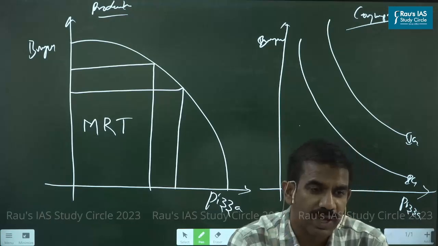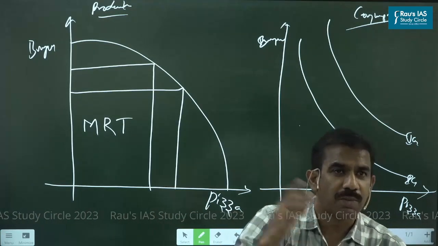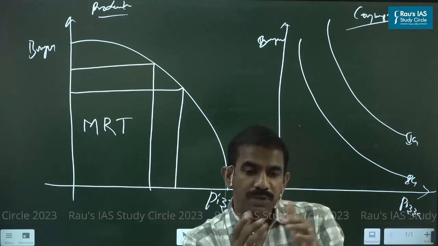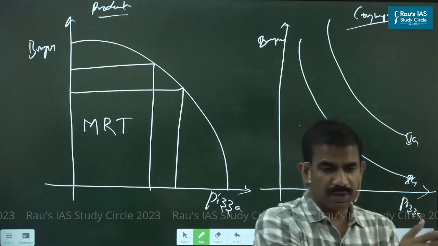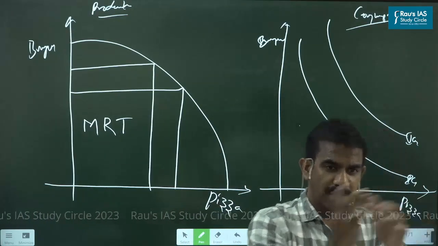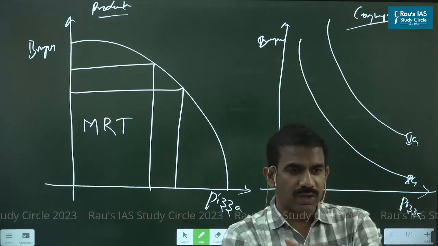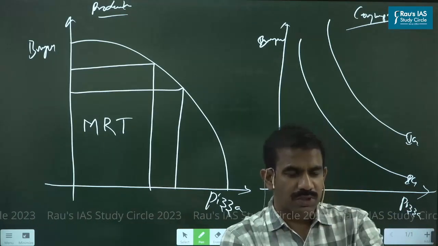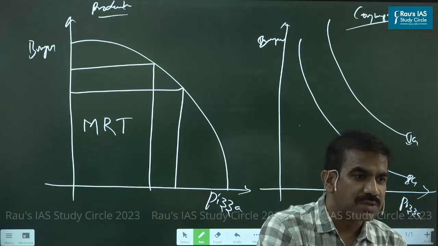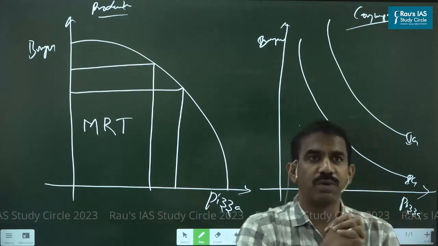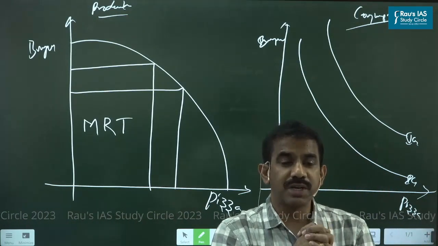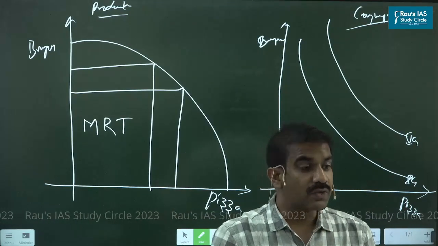You're transforming X into Y, or simply pizza into burger or burger into pizza. So how many pizzas you need to forego for a burger, or how many burgers you need to forego for a pizza? Because you are transforming pizzas into burgers or burgers into pizzas. And we measure this change as the marginal rate of transformation.